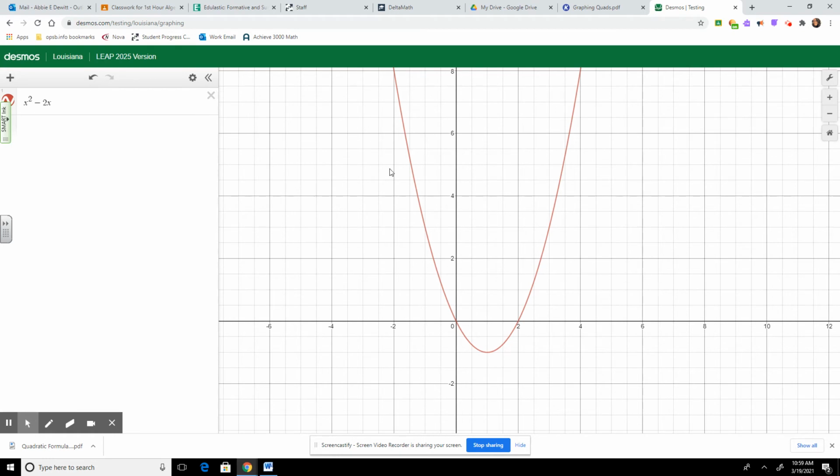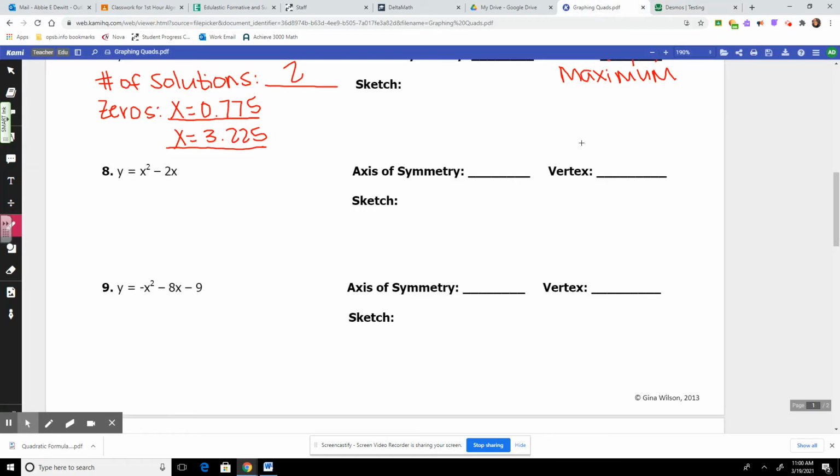Our axis of symmetry is going to be where x equals 1, where I can split this parabola in exactly half and fold it over and it matches, okay? So the parabola can be split in half at x equals 1. So the axis of symmetry is x equals 1.